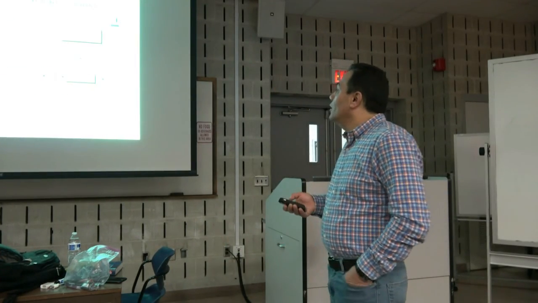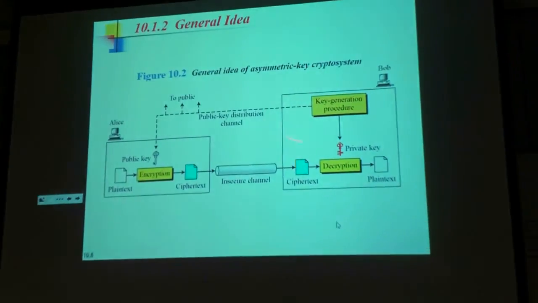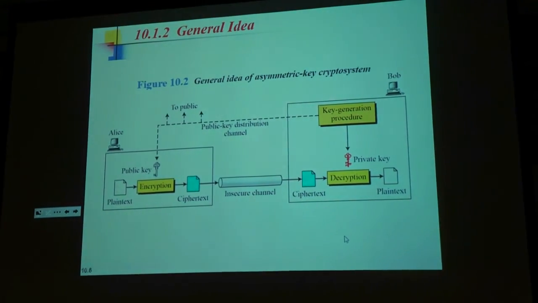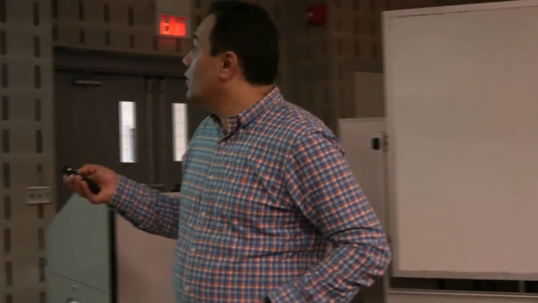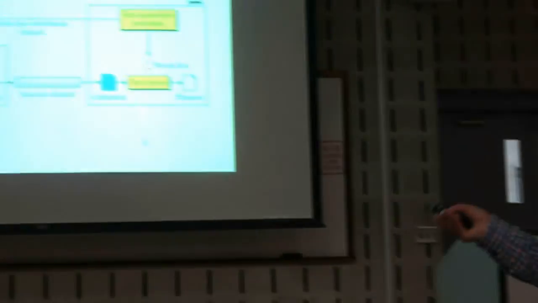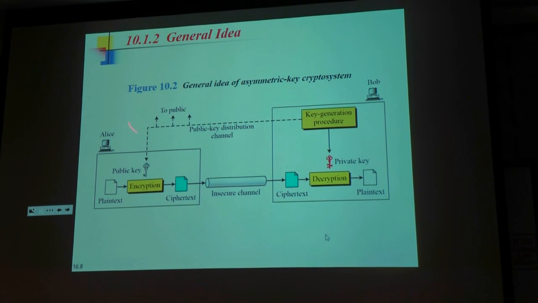Let's continue. We're going to have something called a key generation procedure. In the key generation procedure, we issue a pair of keys, one public and one private. The private remains with that person, and the public is shared with everybody through the public key distribution channel.